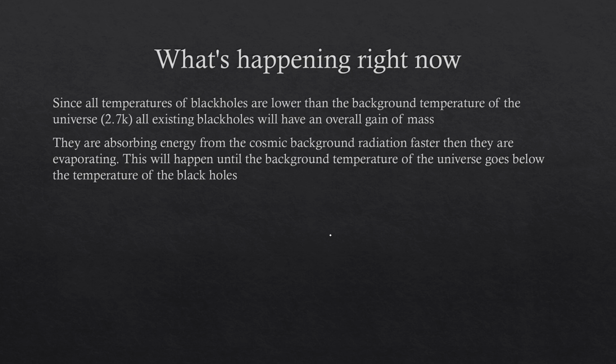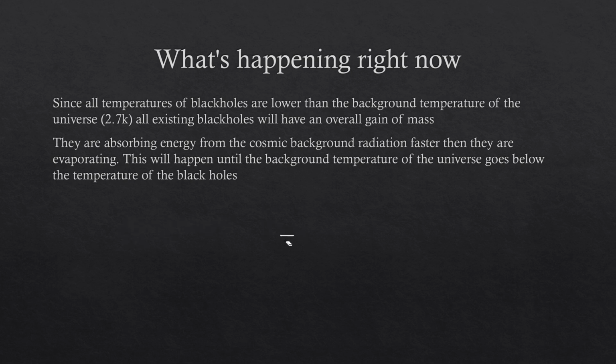So if you were to calculate the temperature of a black hole with the mass of Earth, the mass of the Earth is 5.97 times 10 to the 24 kilos. That is terrible writing. Let's rub that out. Eraser. If it loads.